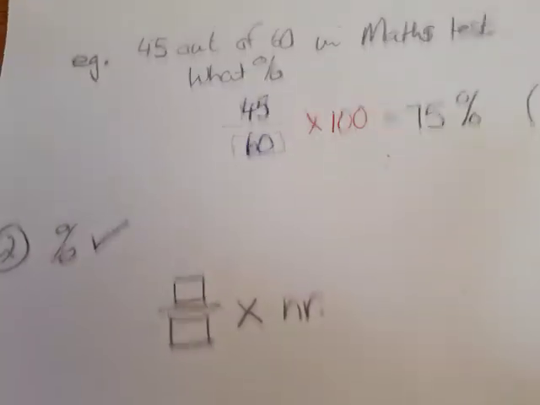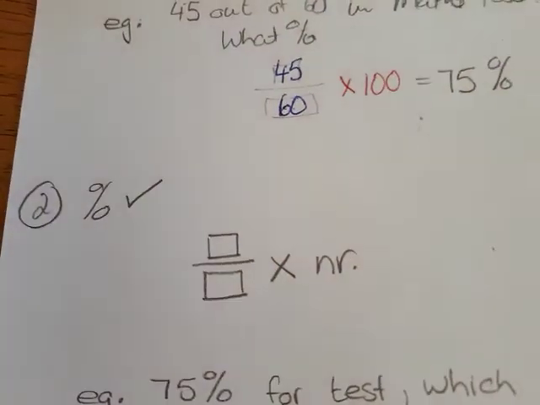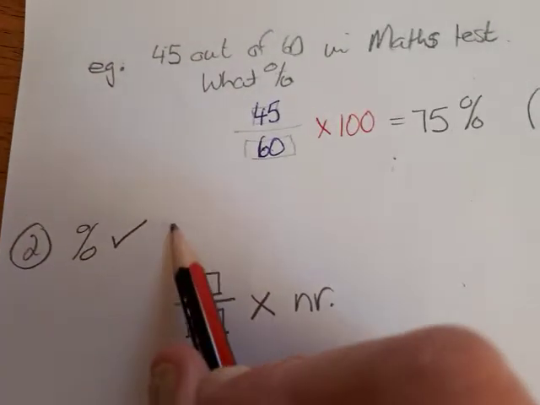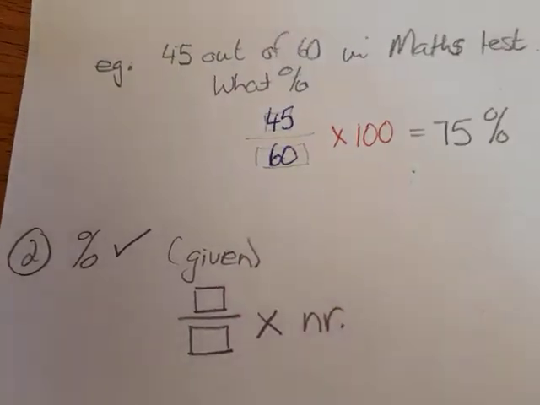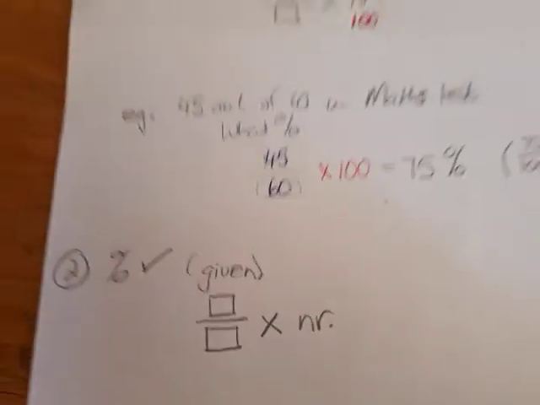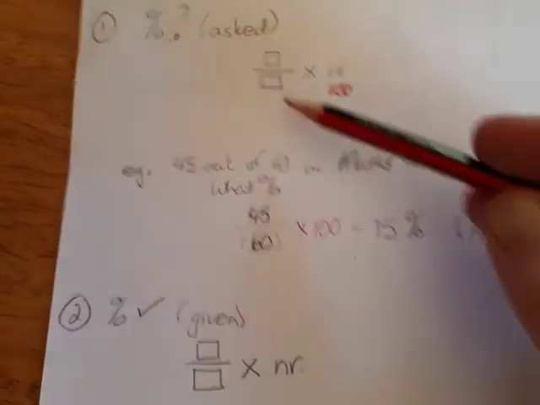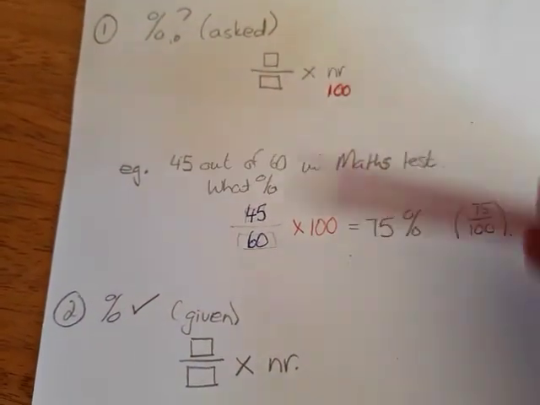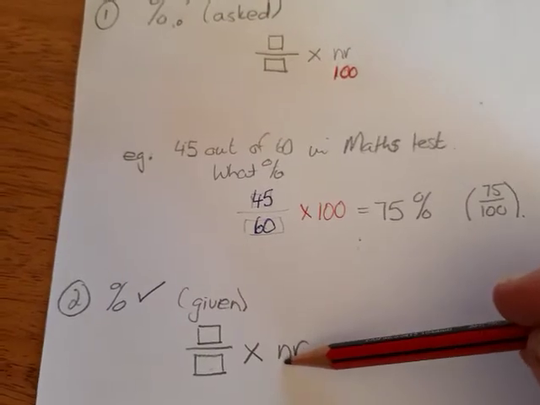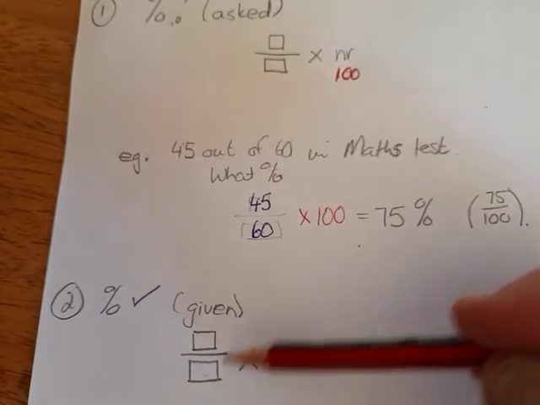Okay, then the second one that we did is where a percentage is given. Okay, we ticked it, meaning that the percentage is given. Same calculation, people. You got a fraction times a number. So the basic number sentence is the same.